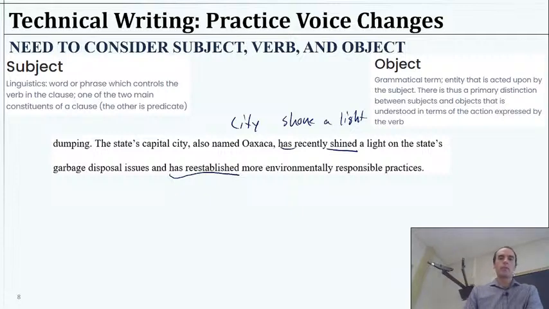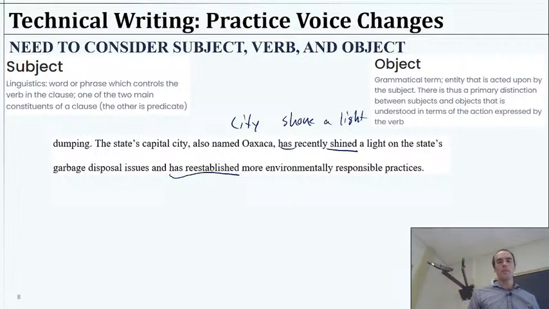I'm actually, maybe this wasn't actually passive, but I just don't know if it needed to be this "has shined." I might actually have this one a little wrong, this example. Because the city is still shining a light on the issues and reestablishing practices.